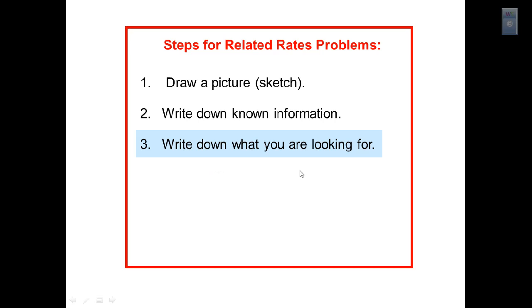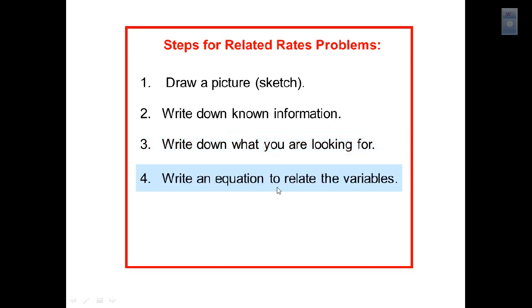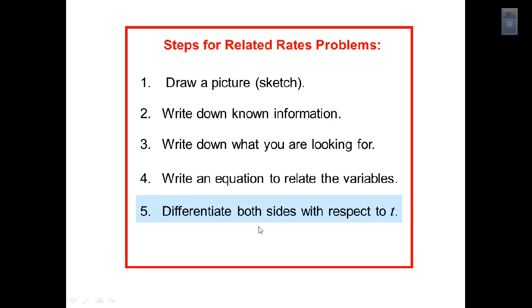Write down what you're looking for. Write an equation that relates the variables that you're dealing with. Then you want to differentiate both sides with respect to t, plug in your information, and solve. A lot of people will skip the draw a picture. Guys, it's going to help you so much if you'll draw a picture.